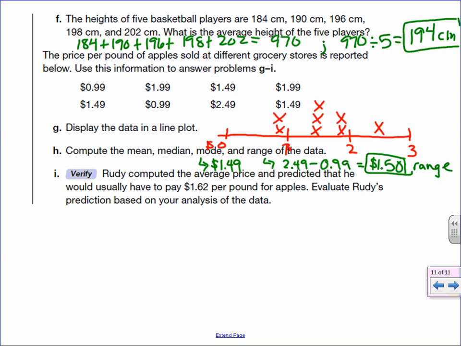The median's the middle number. So if I write them in order from least to greatest: 99, 99, 149, 149, 149, 199, 199, and 249. So I cross off from each end until I get either 1 or 2 in the middle.